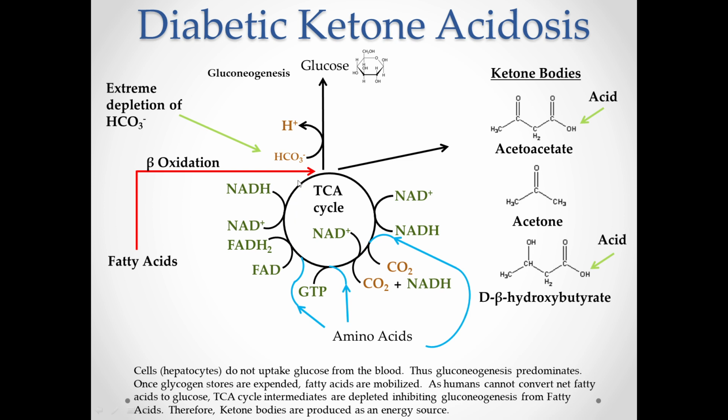But as these citric acid cycle intermediates are depleted, if amino acids are not mobilized, which is the case in an extreme starvation condition, as in a diabetic ketoacidosis, in which the body does not recognize glucose in the circulation and cannot transport it into the cell, then these acetyl-CoA molecules are still being created by fatty acids, and it cannot move in the direction of gluconeogenesis, and so your body converts them into ketone bodies.